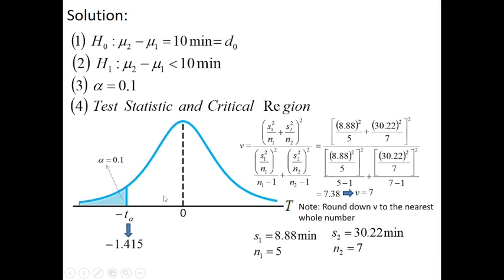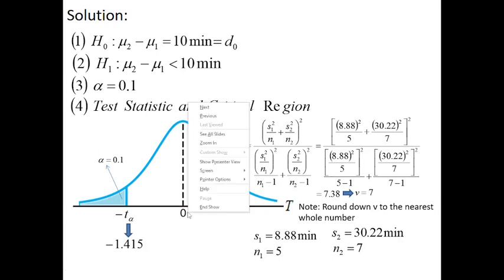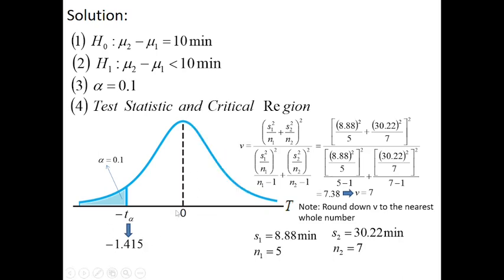So this will now be the t-value, negative 1.415. Okay? So we have v, we have alpha of 0.1.